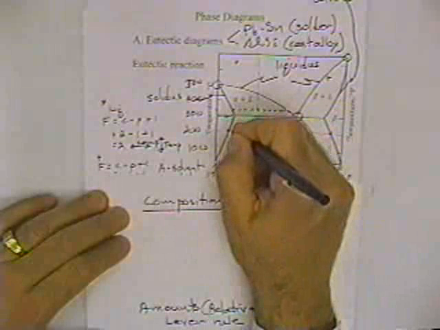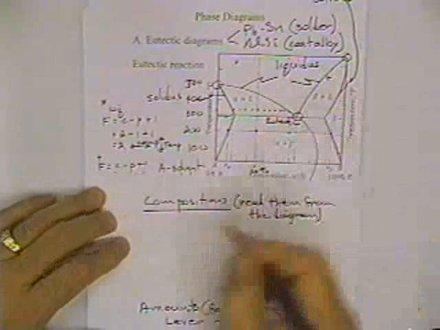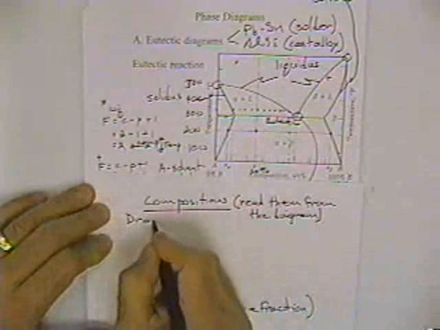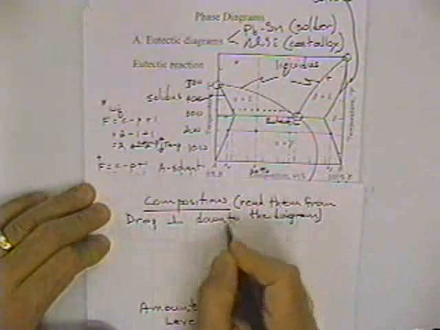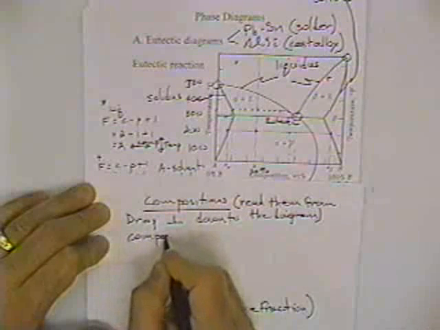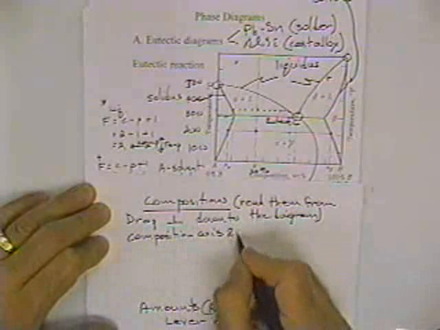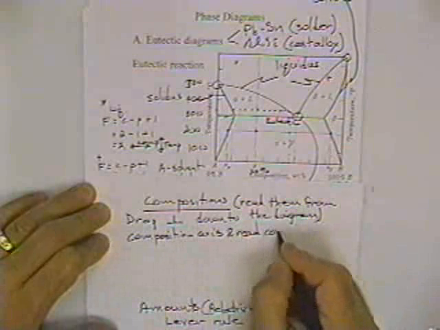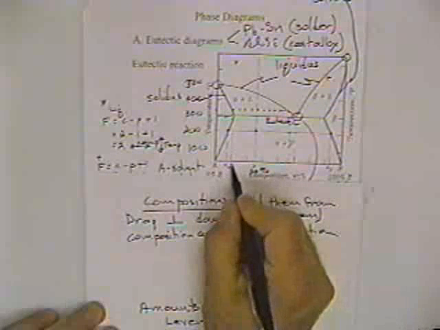We simply drop a perpendicular down to the composition axis, and read the composition. So in this case, if that's 30%, this looks like it might be maybe 10%.